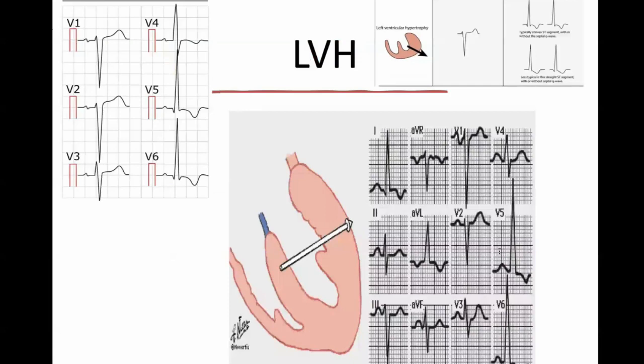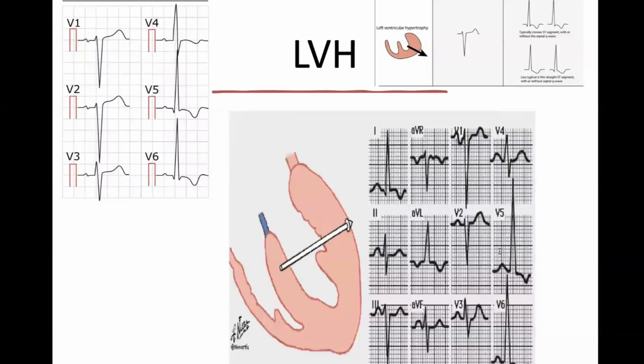So, criteria for left ventricular hypertrophy. You need to look at your ECG and determine, is there left axis deviation for that age group? Are there tall R waves in V5 and V6, R waves that exceed the limits for that particular age group? Does the R wave in V6 intersect the baseline of V5?